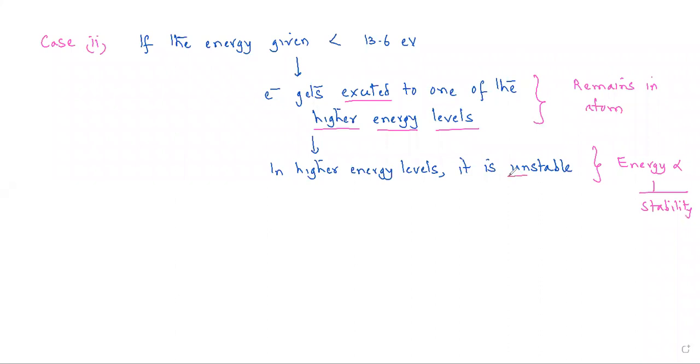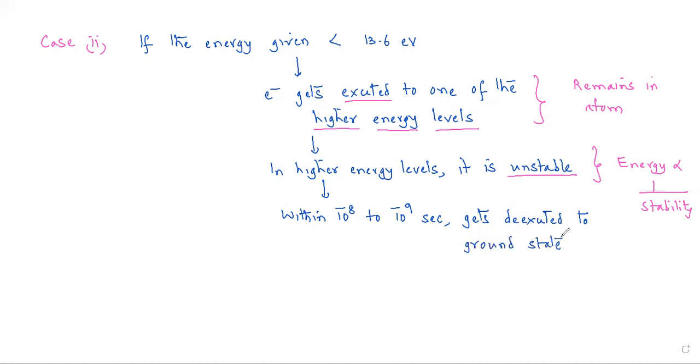See, because it is unstable, within 10 power minus 8 to 10 power minus 9 seconds, a short period, it gets de-excited to ground state. Yes, of course, you cannot be in excited state. You cannot be angry for longer period. You have to just calm down. You have to just cool down, right?